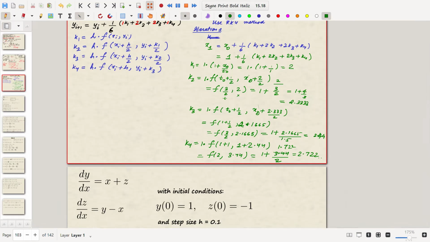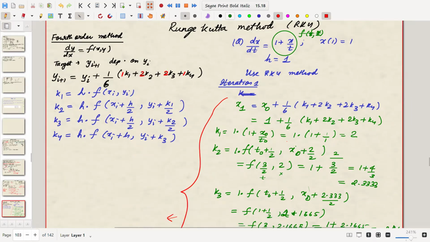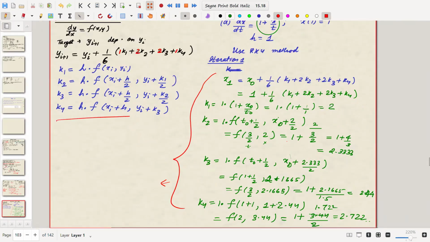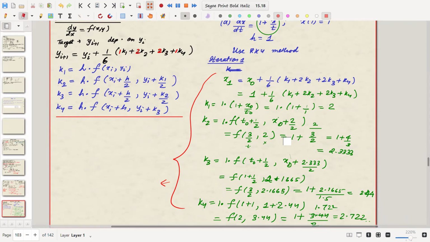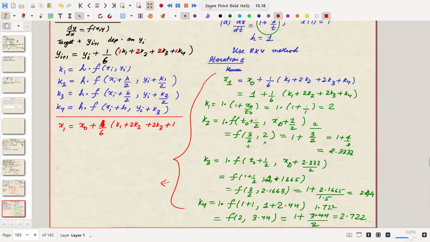Okay, now what should be our step? Keeping all these things in mind, what do you need to solve? Sorry, I again messed up with the notation. X1 is equal to x naught plus h by 6, sorry, 1 by 6 into k1 plus 2k2 plus 2k3 plus k4.